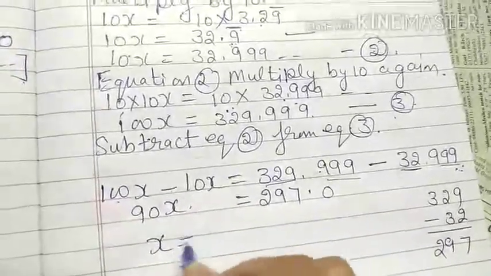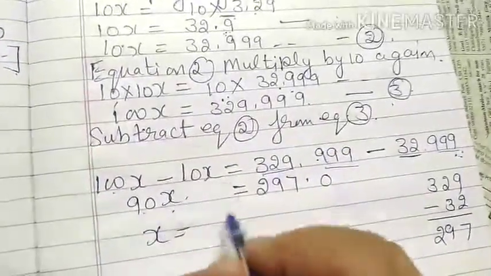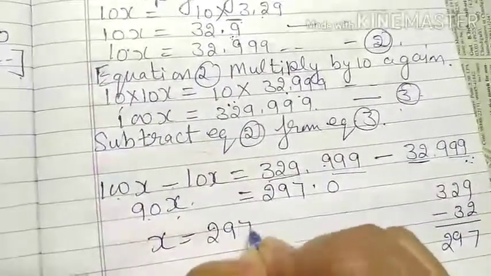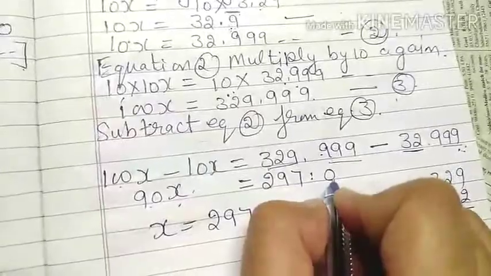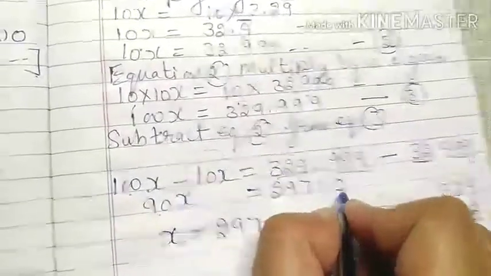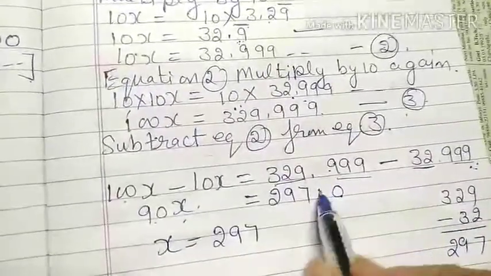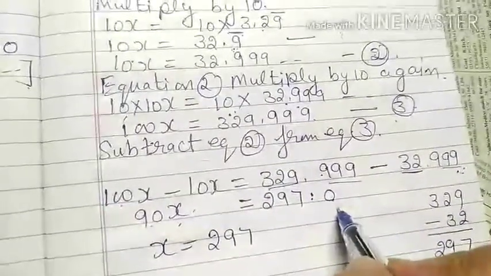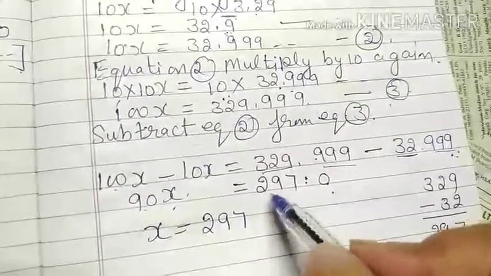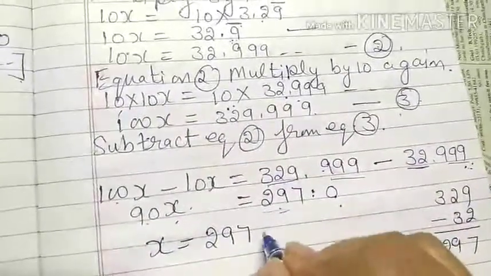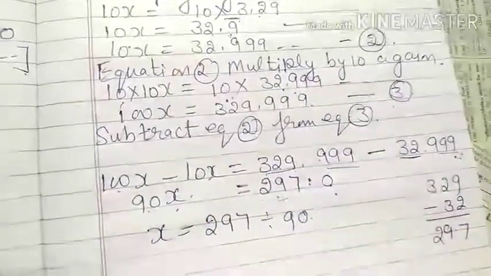Now again this 90 is multiplied by x, when shifted to the other side, 297. After the decimal, whether you write a 0 or not doesn't mean anything. So if there is any single 0 after the decimal, you can automatically remove it and consider that number as a whole number. 297 divided by 90.